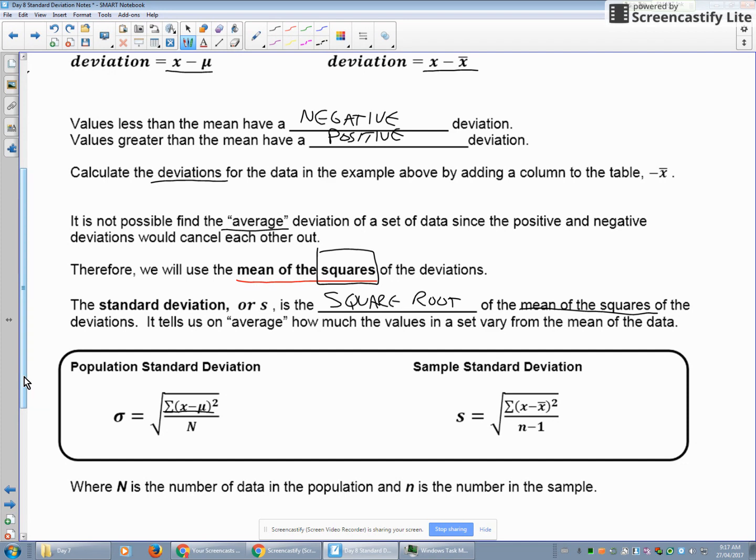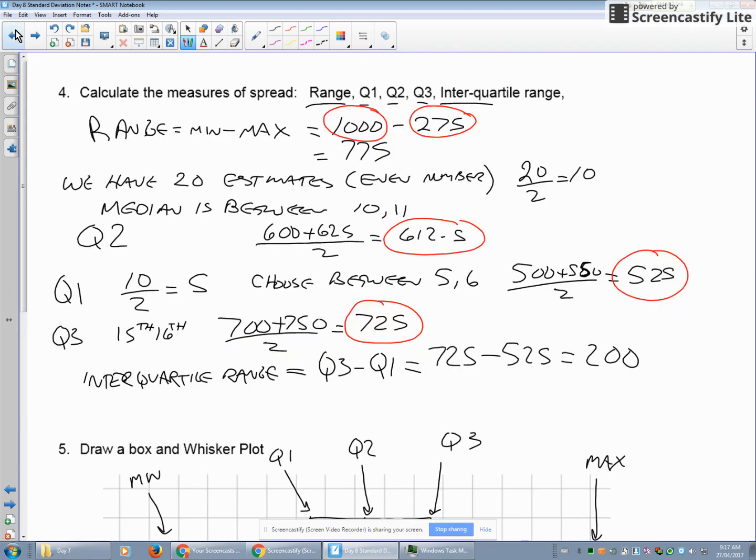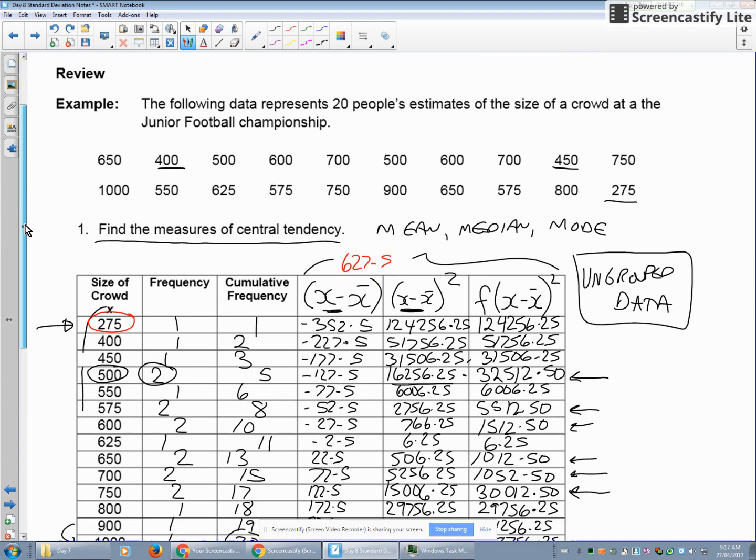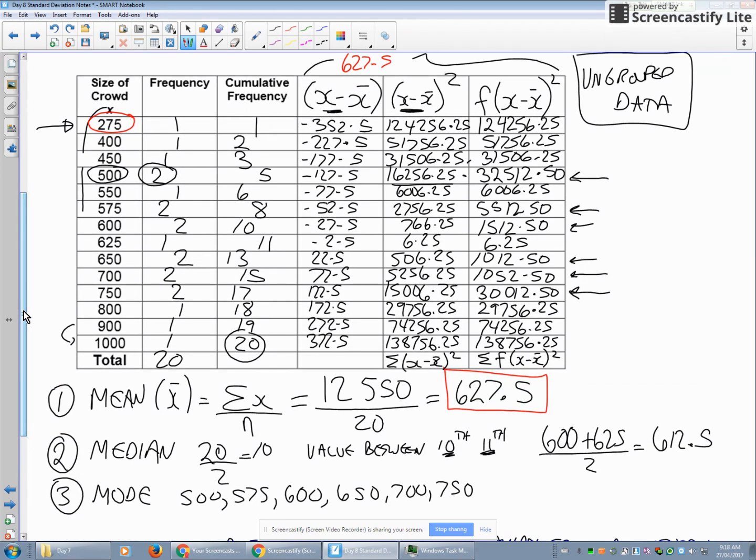We're looking for a sample, so it's going to be the sum of our squares, which we've just shown, and then we're dividing it by n minus 1. So the sum of all these squares, if I add up this entire column, gives me 53.7375. That's the sum of that entire column.